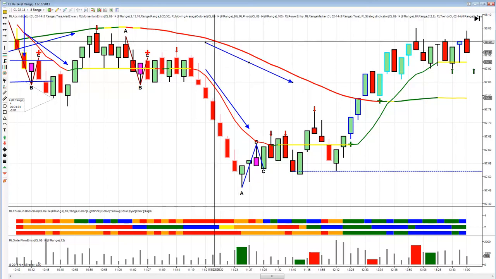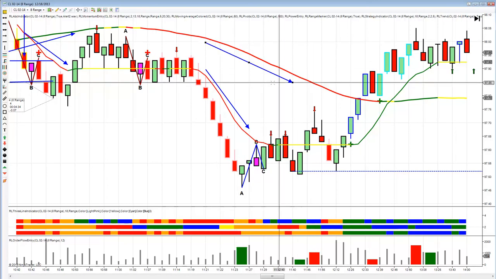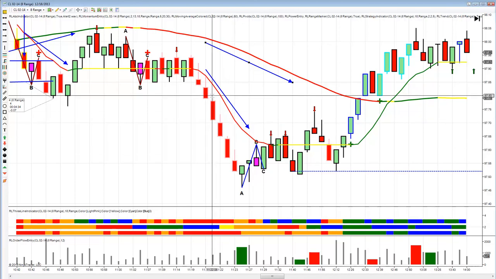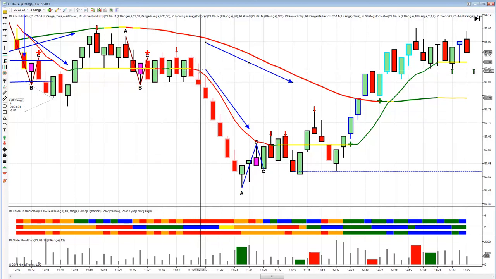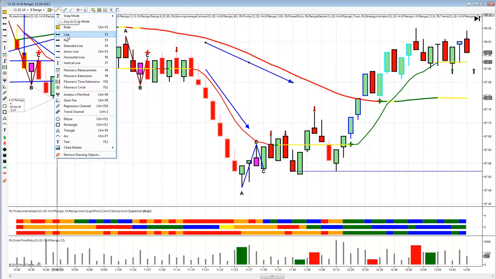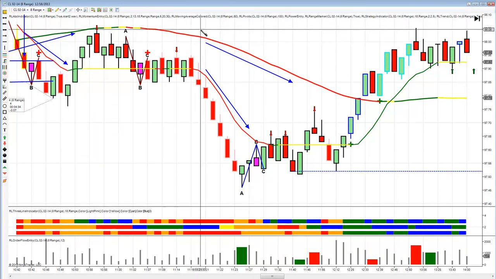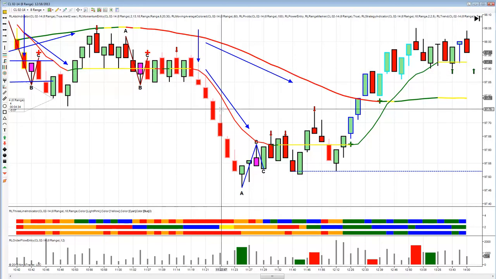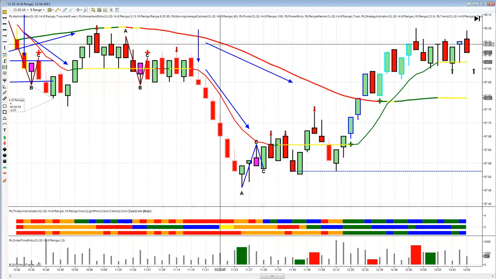The 50 must be heading down. The 15 must be heading down. And you must get a clean break of the 15. And here is your 2-line / 3-line break of the 15, which is exactly like the break of the 50.